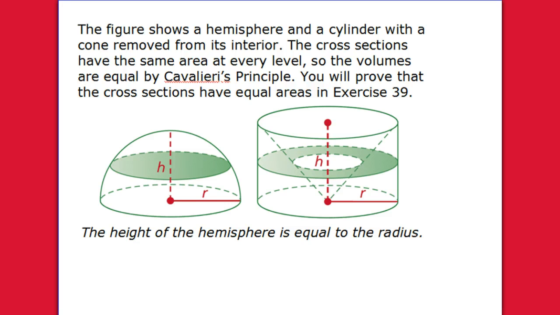So this is showing you that the volume of a hemisphere is equal to the volume of a cylinder that is the same height as a hemisphere, right? And minus the volume of a cone that is that same height and radius as well.